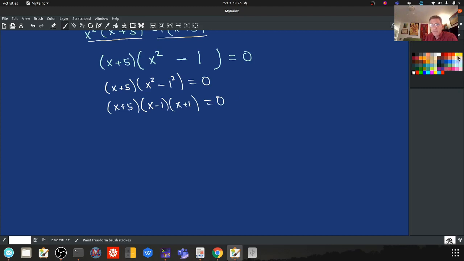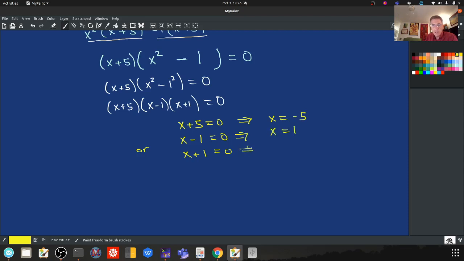So I have three factors. So I set all three factors equal to 0. That implies x plus 5 is equal to 0, or x minus 1 is equal to 0, or x plus 1 is equal to 0. All three of these are easy to solve. This implies x is equal to minus 5. This implies x is equal to 1.